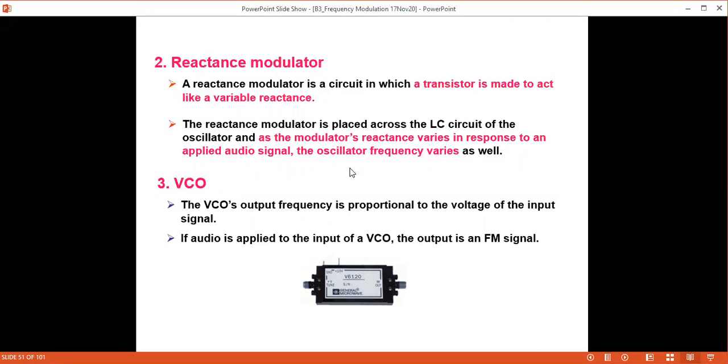So this will also change our oscillator's frequency. Then the same concept applies for VCO as well, where the VCO's output frequency is changed proportional to the voltage of our input signal. These are examples of the direct method of generating FM signal.